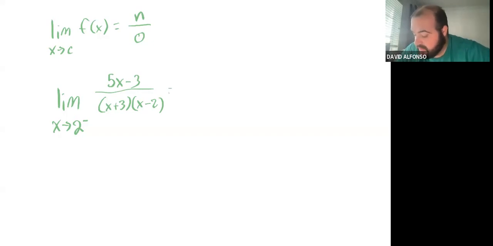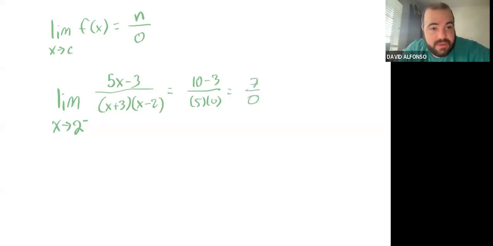If we did direct substitution, we would get 10 minus 3 over 5 times 0, which would give us 7 over 0. So this is not indeterminate. Indeterminate would be if it was 0 over 0. But just because the denominator is 0, you have a vertical asymptote.